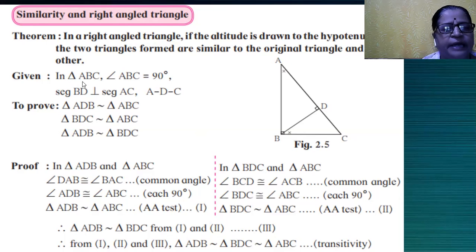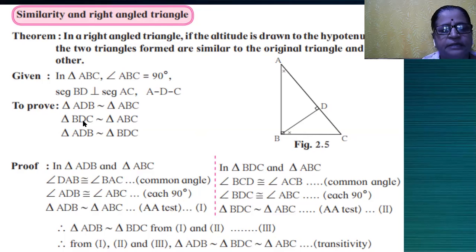So in triangle ABC, angle ABC is equal to 90 degrees and BD is perpendicular on AC, so that D is in between A and C. These three triangles we are going to show are similar. First, triangle ADB is similar with its original triangle, that is ABC.